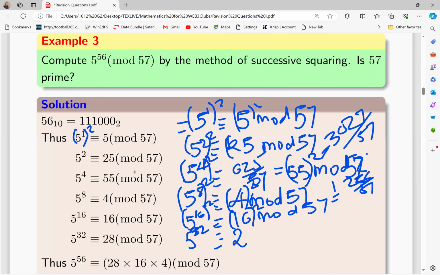So you write the remainder mod 57. That is the last one of the preceding steps.